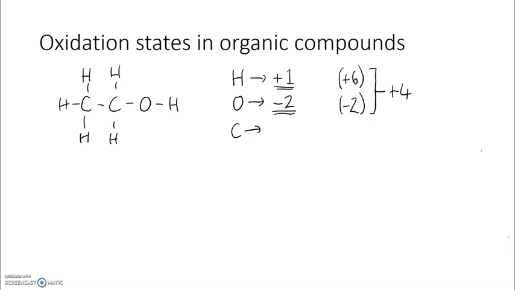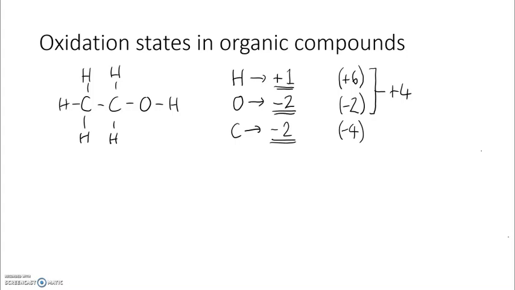Now that means that the carbon in total must have a -4 oxidation number, but there are 2 carbons, so that's shared out between them, so that would give us each carbon being -2 in its oxidation state. Okay, so that's following the basic rules here.